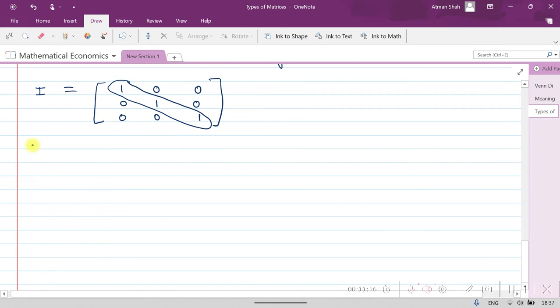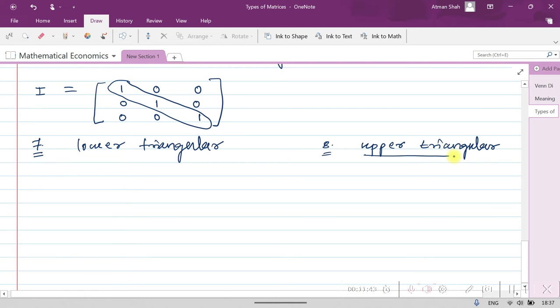Then we have triangular matrix, lower triangular or upper triangular. So first we have lower triangular matrix, and then we have upper triangular matrix. Now let's understand this with the help of example, and then we will see the definition.